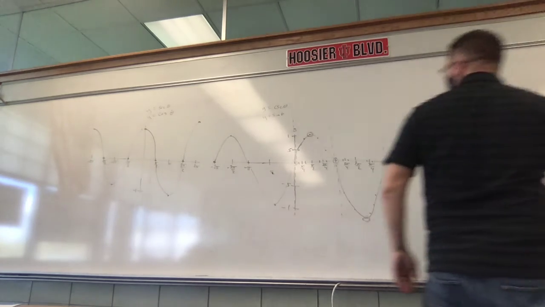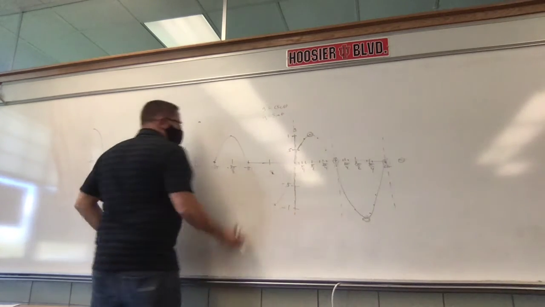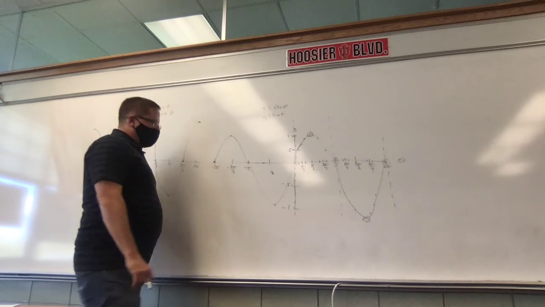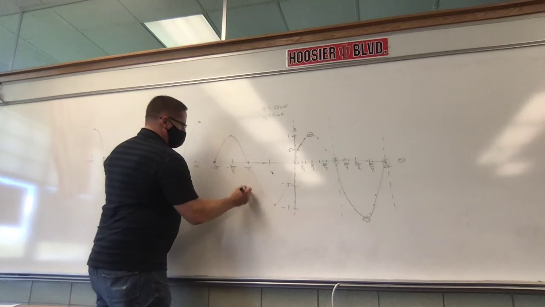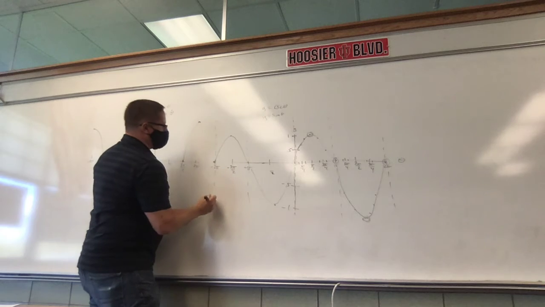Oh, do me one more favor. Where else do you think it's going to be undefined on the sine graph? Let's go to the left. Negative pi and negative 2 pi. Let's draw those in, okay?